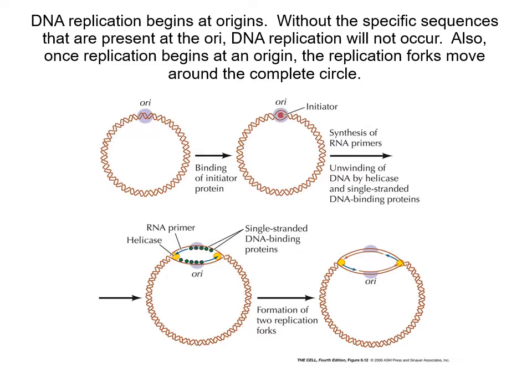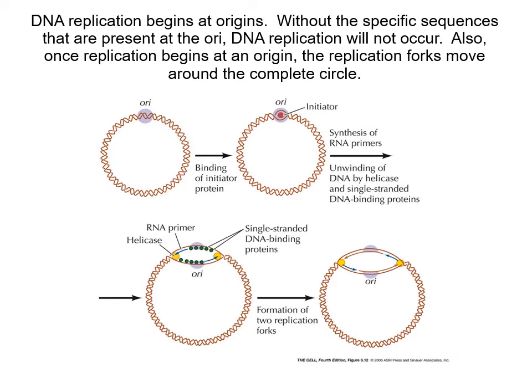Now from the standpoint of recombinant DNA, that's important because once you've initiated at an origin, the synthesis goes all the way around the molecule until it's finished. The cell doesn't know what it's replicating. It doesn't care that that's a mammalian gene. It's basically passively replicated along with the rest of the molecule once replication has begun.